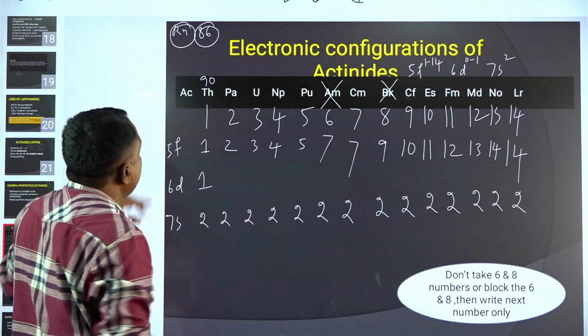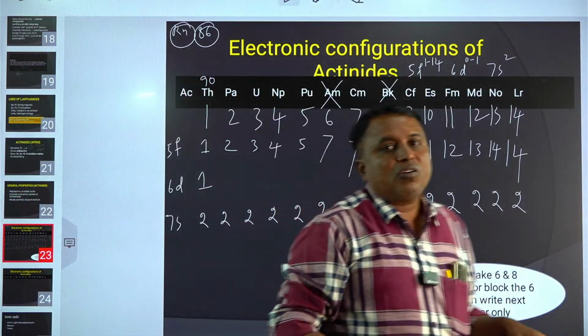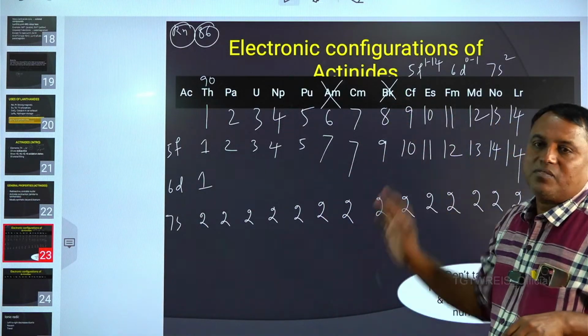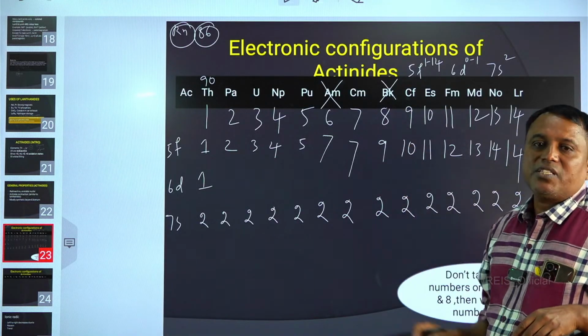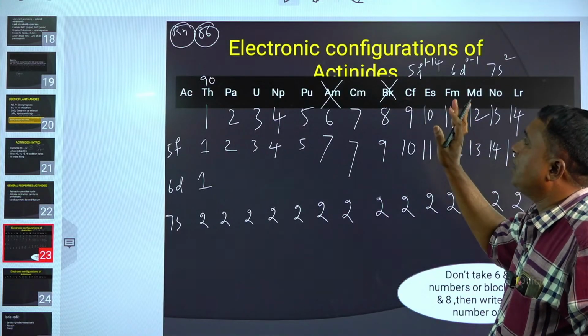Thorium is 90. In this way, we write electron configurations in the easiest way, and this is the only trick to write electron configurations correctly. This is the important trick.